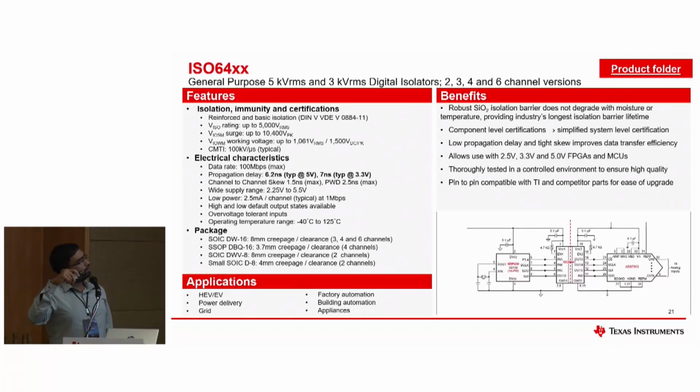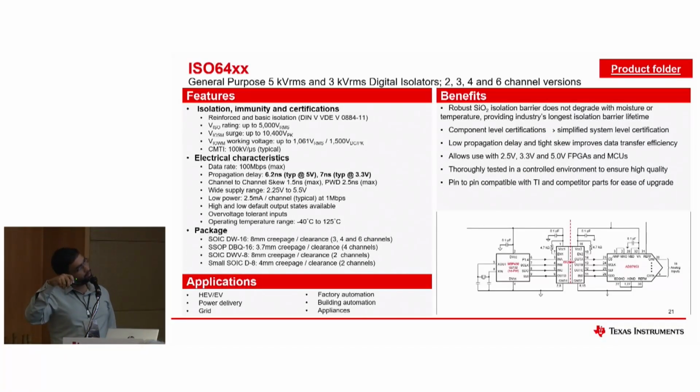The packages that we'll be offering on 6.4 are DW, of course, 16W with 8 millimeter creepage, DBQ 8 pin for the 2-channel variants, and 8D variant for basic isolation for the 2-channel variants. The applications for the digital isolators are wide.